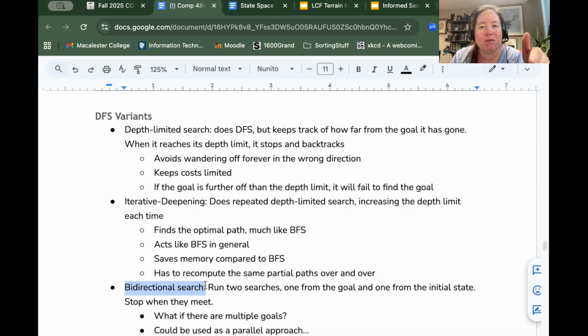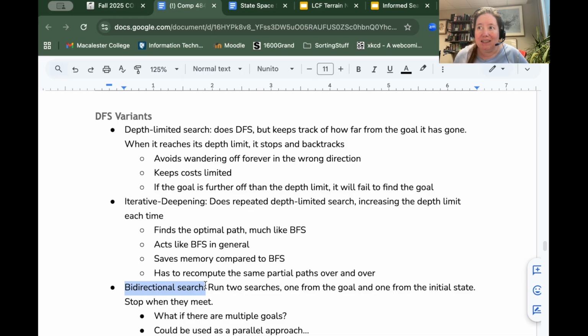This means you need to be able to generate predecessors of a state. So you need to know, like undoing an action, what states could have led you to the goal, and then what states could have led you to that. So it has a little more sophisticated information that you need to keep track of.